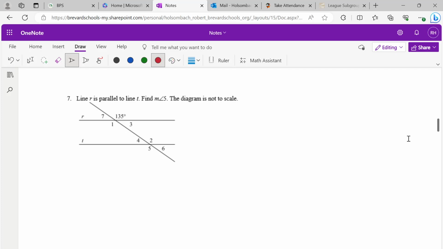Problem number 7. Line R is parallel to T. So these two are parallel. Find the measure of angle 5. The diagram is not to scale. We need the measure of angle 5, which is right here.